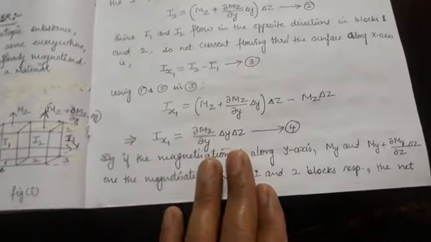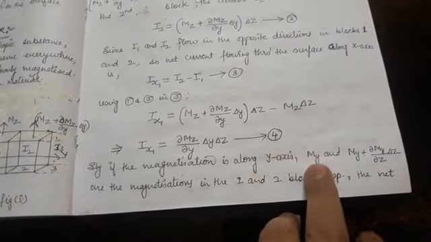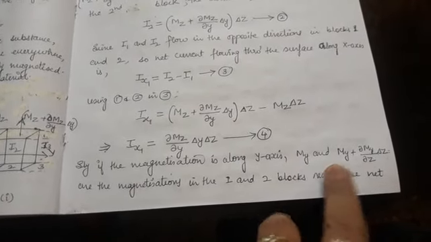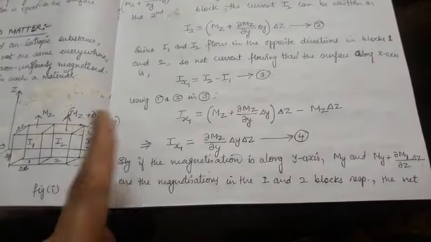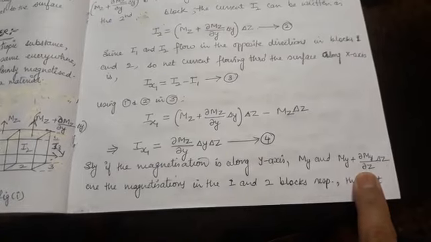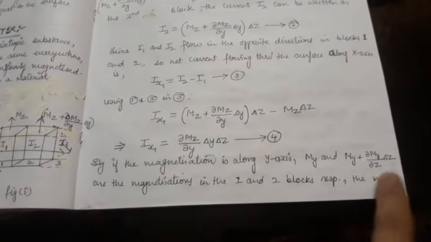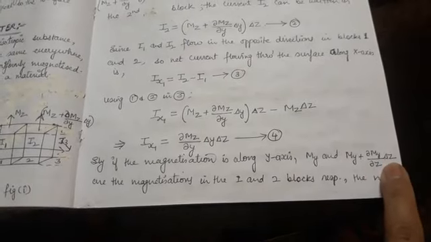In that case, my equations become: for the first phase, the magnetization vector becomes My, and for the second phase, since the blocks are now vertical, on moving along the z-axis, My will change by an amount ∂My/∂z. So what will be the magnetization vector on the second phase? It is My plus ∂My/∂z into delta z. I have written equations 1 and 2 on a similar basis.